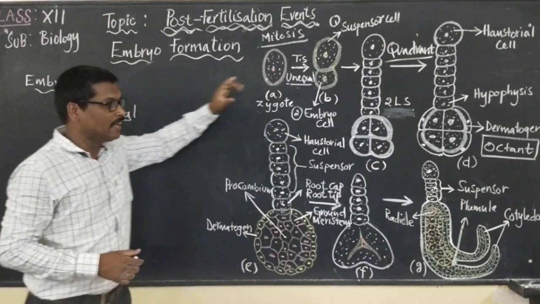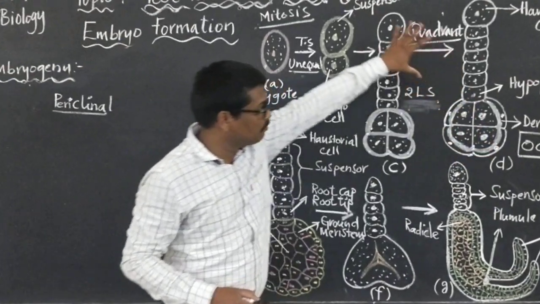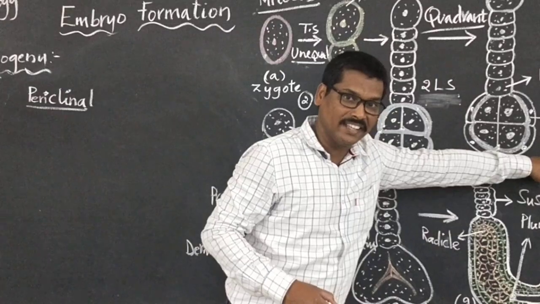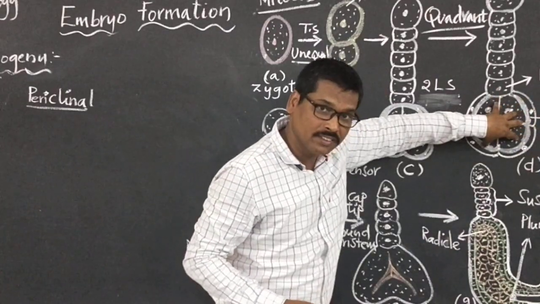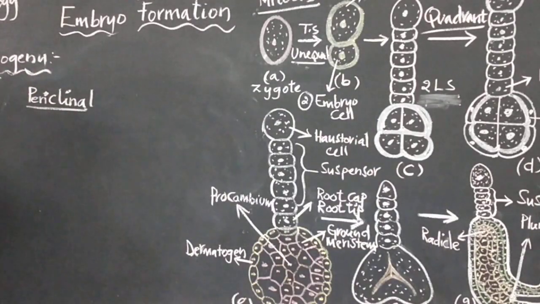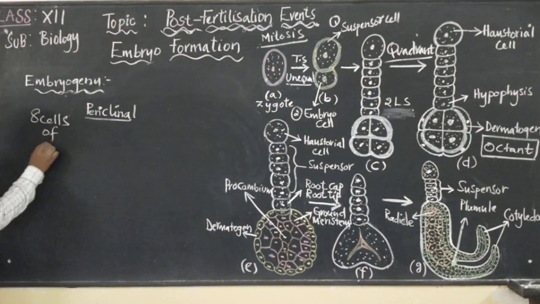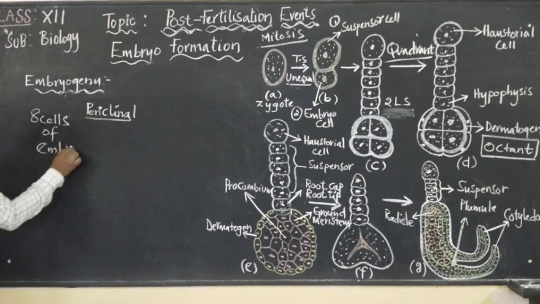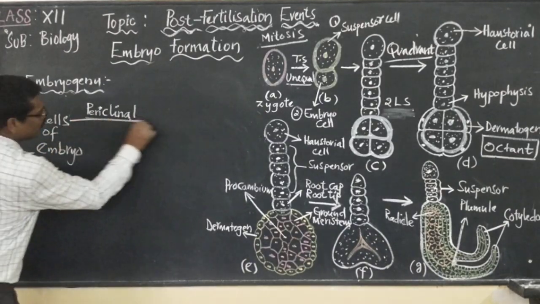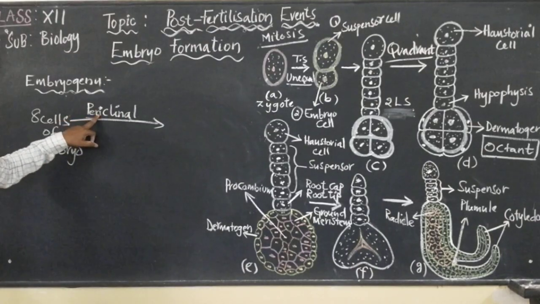Now when the embryo development is at octant stage, this structure is undergoing what type of division? Periclinal division. The 8 cells of embryo are undergoing periclinal division, adding many cells.